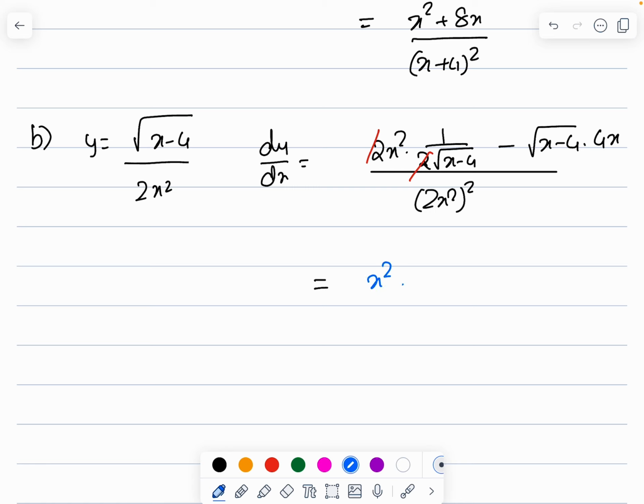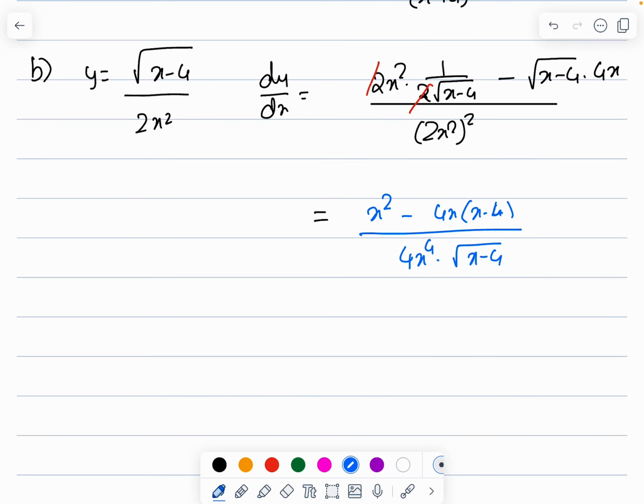I will be getting it as 4x times (x minus 4) divided by 4x to the power of 4 times square root of x minus 4.